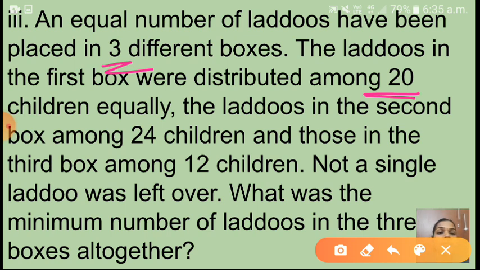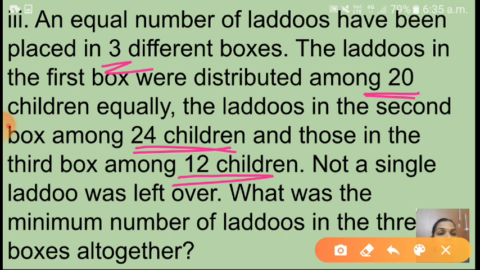The laddus in the second box among 24 children. And those in the third box were also distributed among 12 children, equally. Not a single laddu was left over. What was the minimum number of laddus in the 3 boxes altogether?